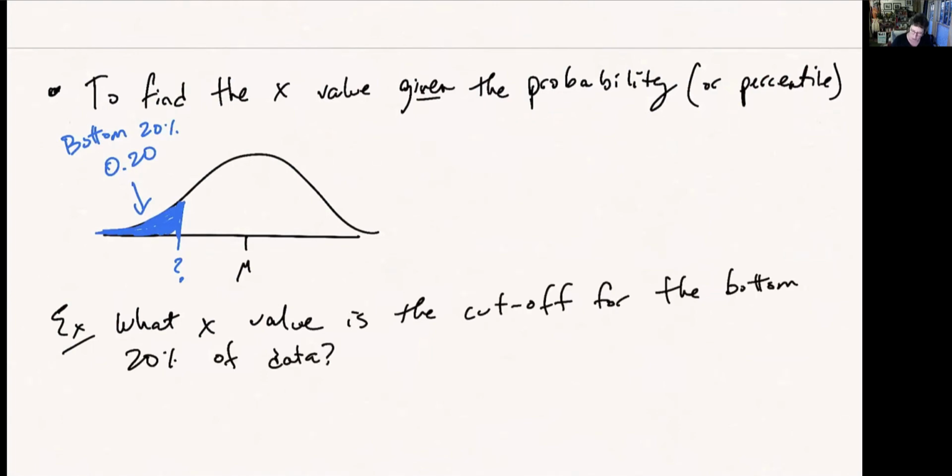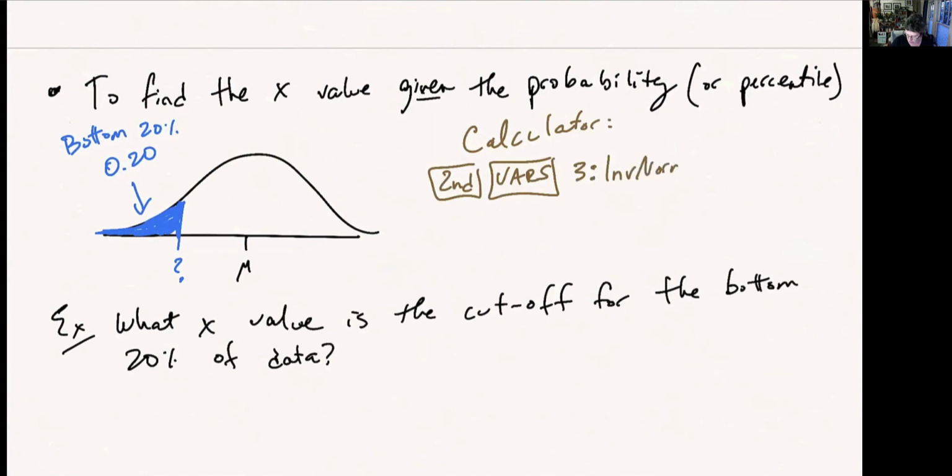And what we use in our calculator to figure this out is right below normal CDF. We're using second VARs, because remember, everything for this whole test, this unit, is second VARs. Then we're going to use 3, inverse norm, INV NORM.